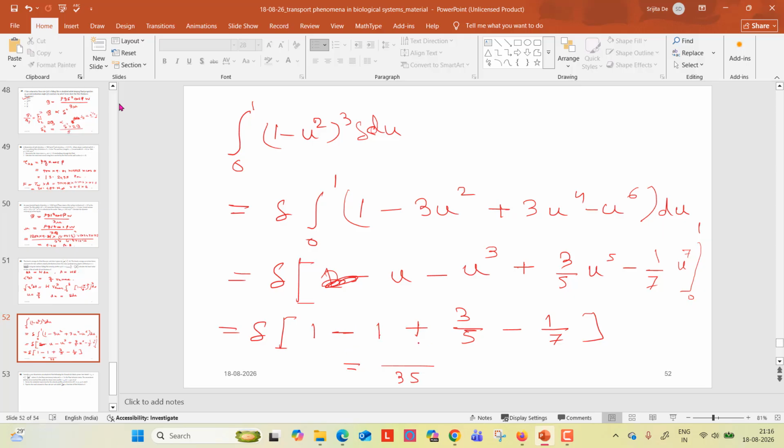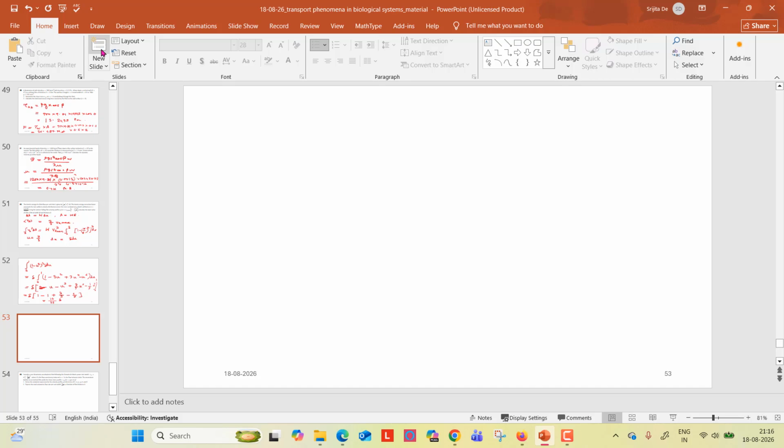It will basically be 21 minus 5, it is 16 delta over 35. So now what is the upper term? The upper term is coming as W Vz max cube delta into 16 by 35. So what will be?